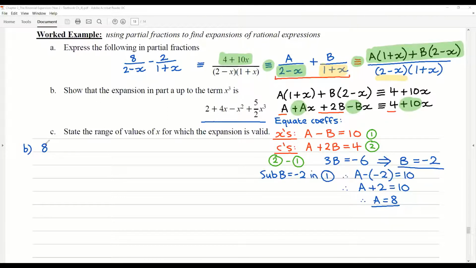So what I need to do now is write the 2 subtract x as a negative power. So it's 2 subtract x to the power negative 1 multiplied by 8. And then for the second partial fraction, it's going to be a subtraction, subtract 2, and then we have 1 plus x to the power negative 1.